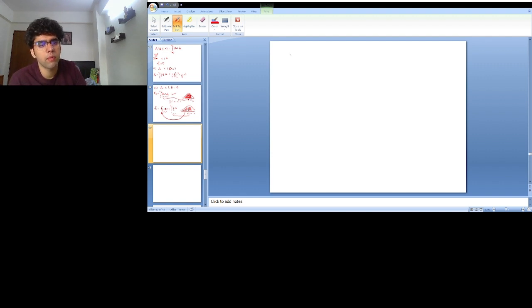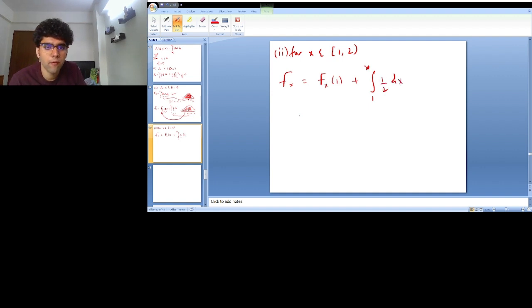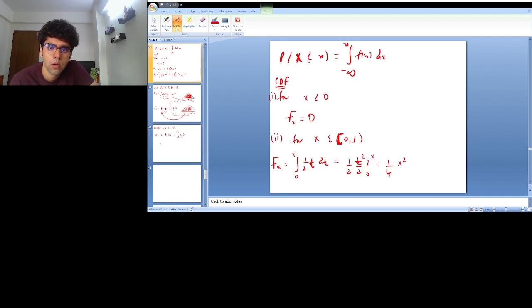So finally, for x belonging to 1, 2, we get the second part: F of x as F of 1 plus the integral from 1 to x of half dx. And F of 1 was, going to the previous part, 1 by 4 x square for x lying between 0 and 1.